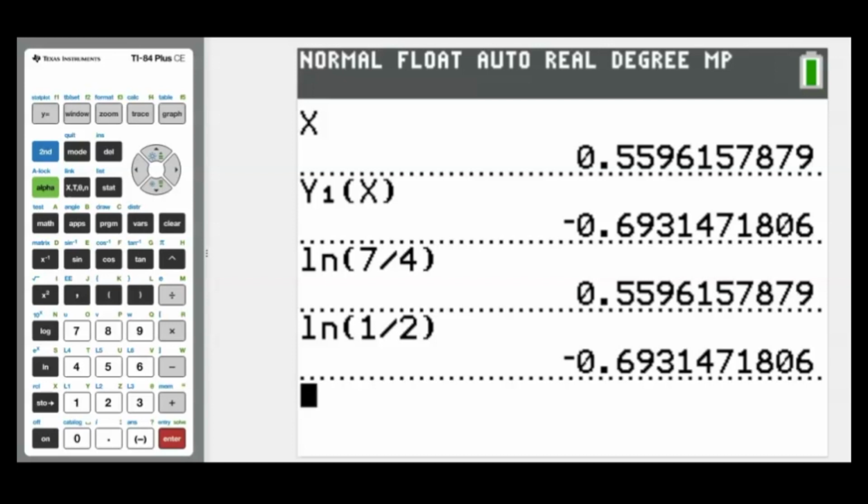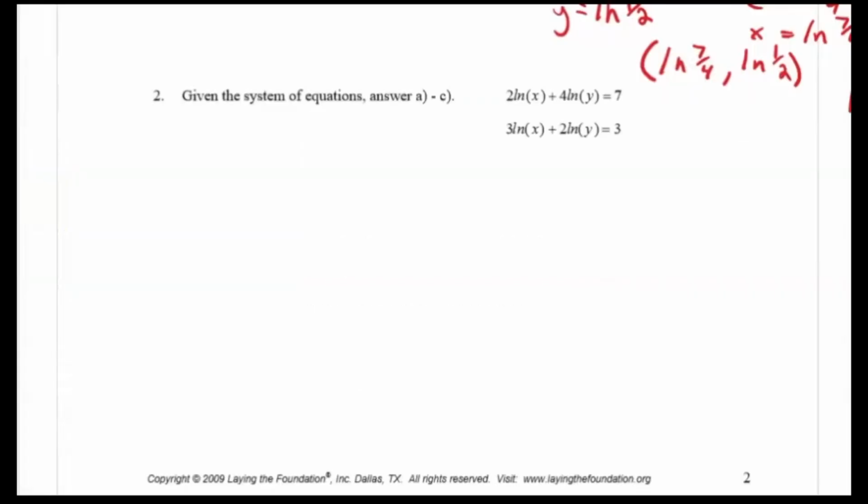Now let's go back and look at number 2. So the directions for number 2 are just like number 1, where they want us to solve it algebraically and then solve each one for y, state the domain, and then in part C use our calculator to verify the solution. I'm just going to do part A of solving these algebraically, and then I will do one of the equations solving it for y just to show that process.